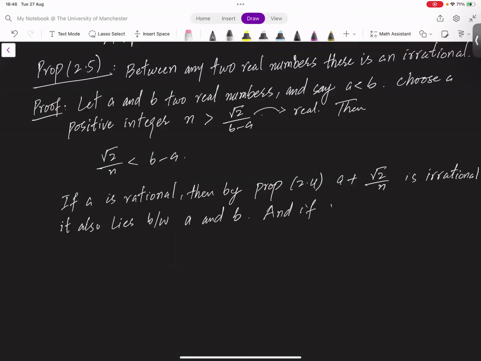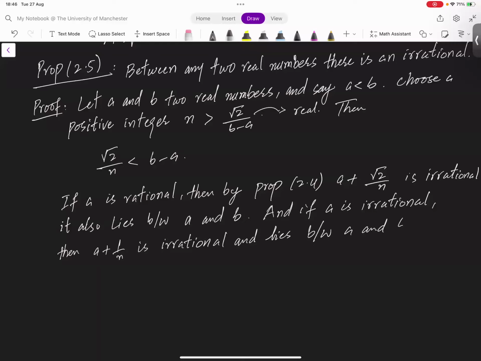And if a is irrational, then a plus 1 over n is irrational, and lies between a and b. So between any two real numbers, there is an irrational number.